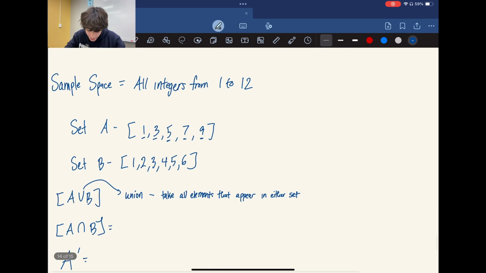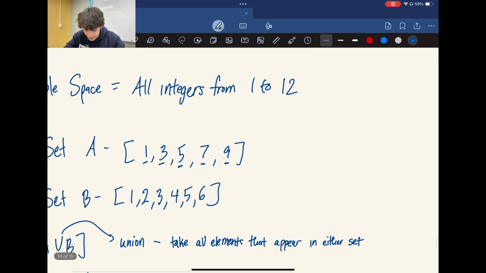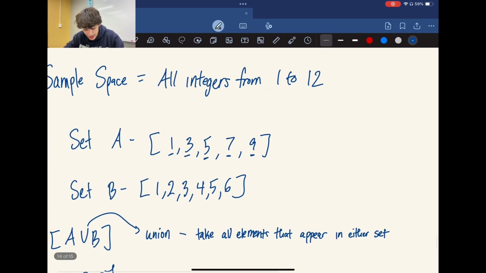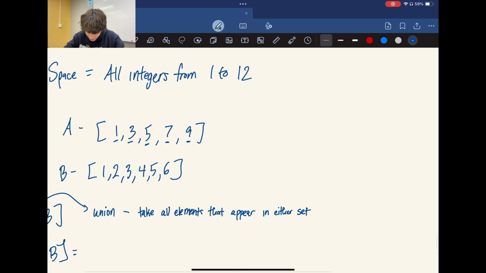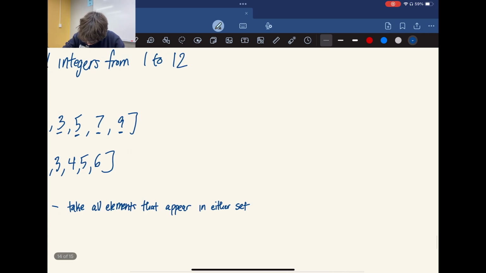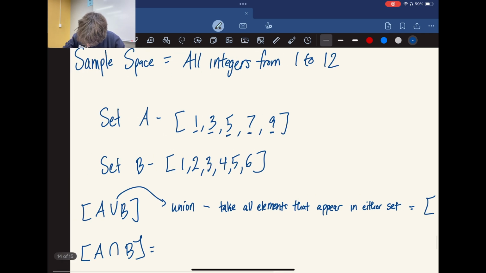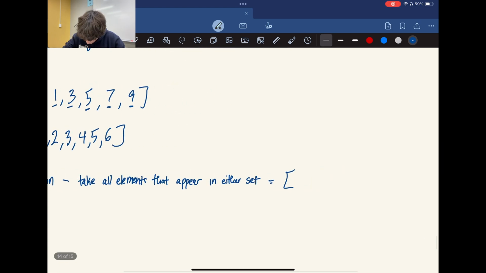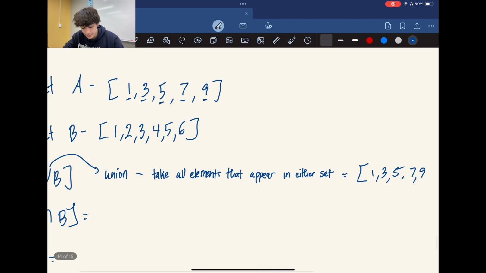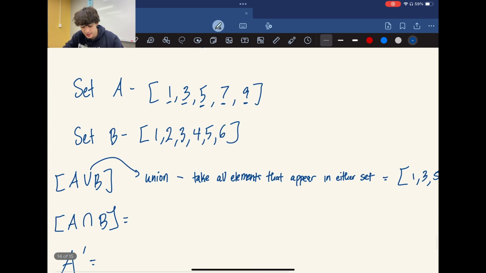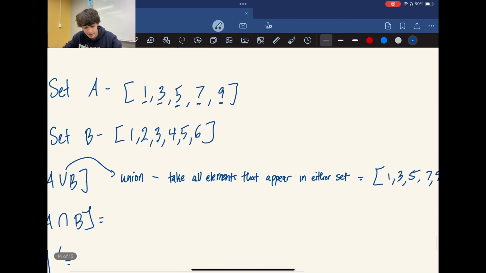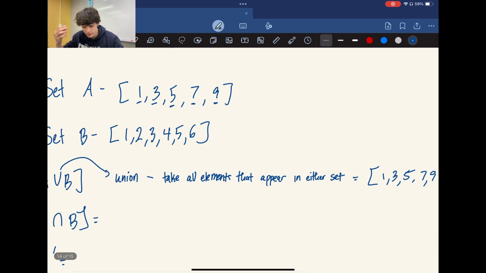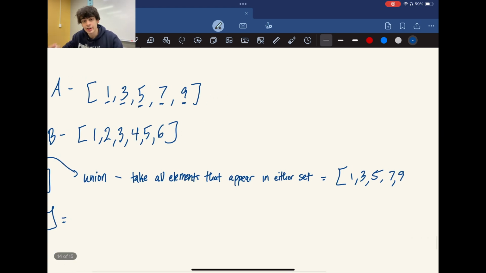So looking at what we have here, we have in set A 1, 3, 5, 7, 9, and in set B we have 1, 2, 3, 4, 5, and 6. So if we're going to look at this comprehensively, and we're going to calculate A union B, what it's going to be equal to is everything in set A. So 1, 3, 5, 7, 9. And then I'm going to add the elements in set B that haven't already come up in set A. And for the first element, 1, which appears in both sets, I'm not going to write it a second time.